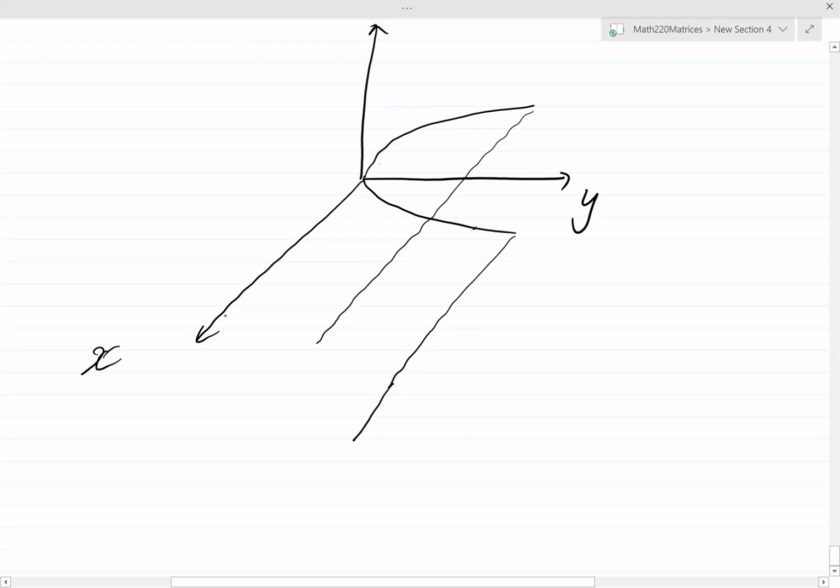Let's plot these curves. It will be a surface that looks like this.